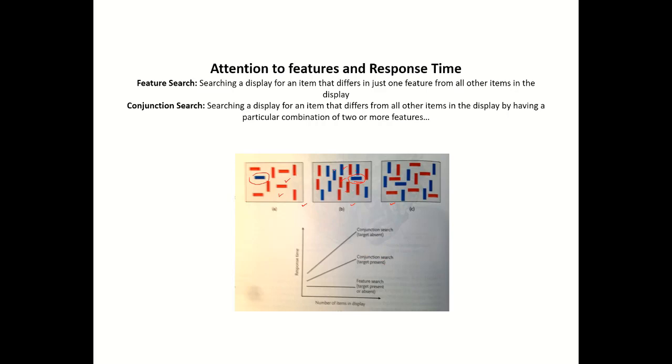So here you have to see the color as well as orientation. The color must be blue, and also the orientation is horizontal, and you have both blue and red colors as well as vertical and horizontal objects around that.